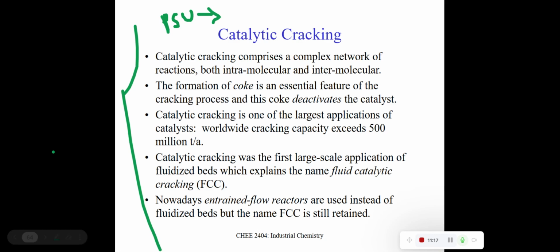The main purpose of catalytic cracking is first the breakage of large hydrocarbon molecules into high value products.